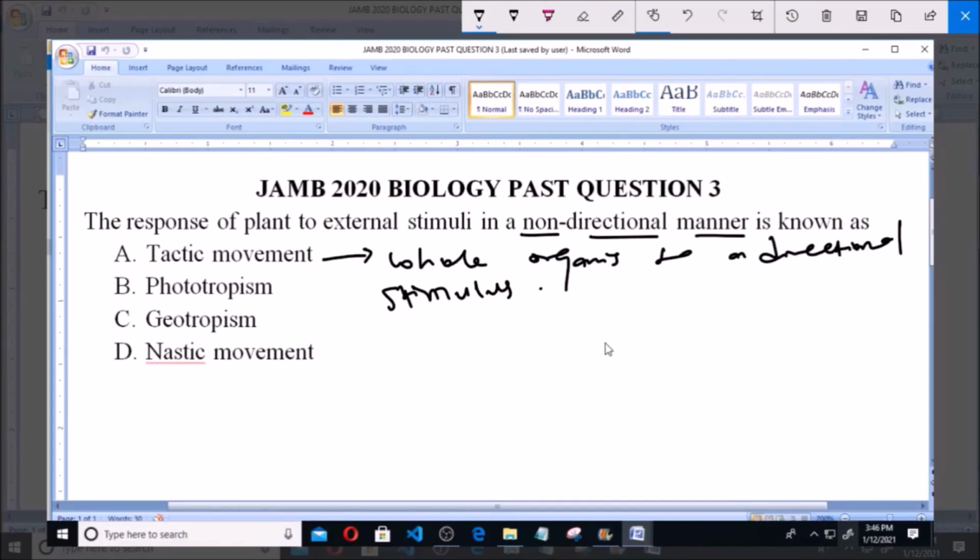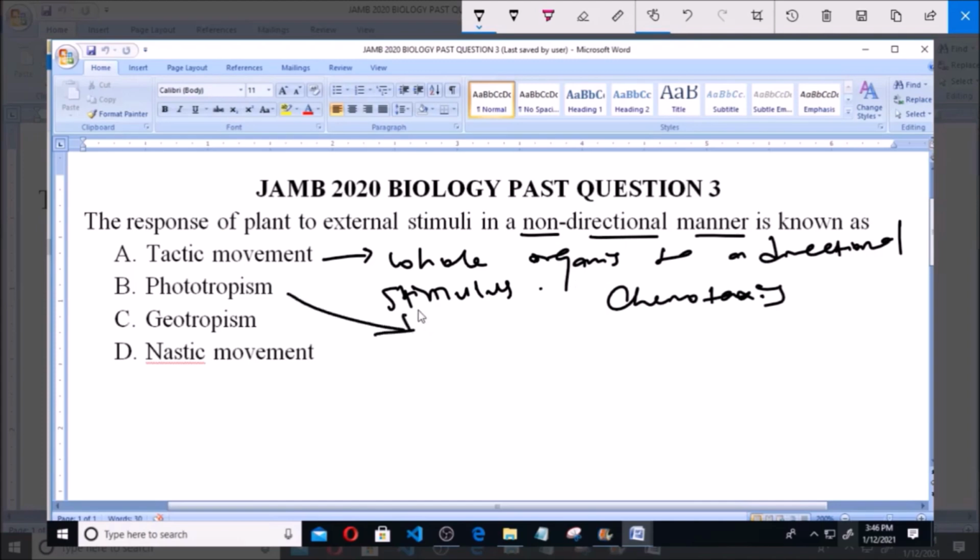Once there's a microorganism in the body that is not supposed to be there, these white blood cells are attracted by the chemicals secreted by these microorganisms, and they move to the microorganisms to engulf and kill them. That's a typical example of tactic movement. You can see that the entire organism moved towards the directional stimulus.